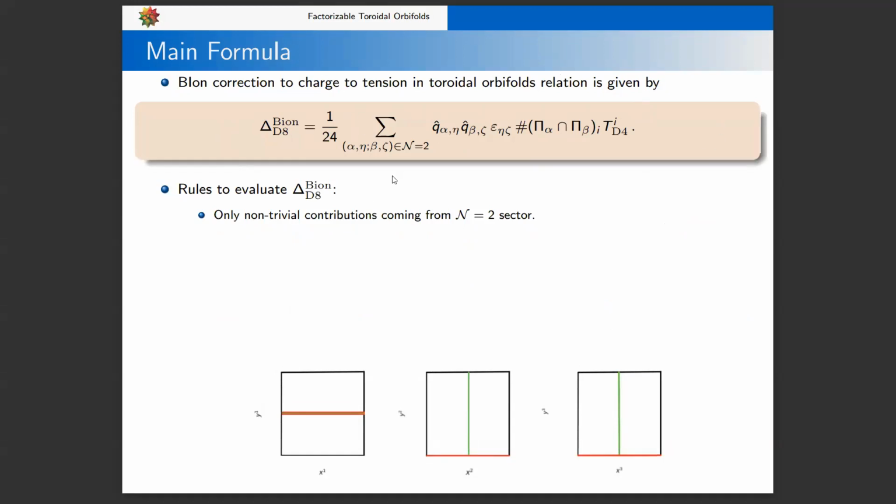Let's describe piece by piece what this means. We have this sum over the n equals 2 sector of the D-branes. This means that we are considering that the only D-branes that contribute to the charge-to-tension relations are those pairs which have the same wrapping numbers in one torus, as we can see here, and different in the other two. So they describe 3-cycles that are parallel along one of the tori, and they intersect in the other two.